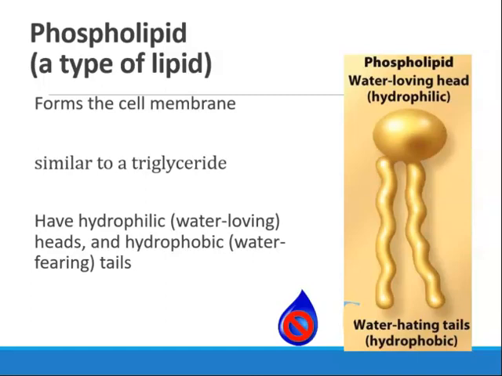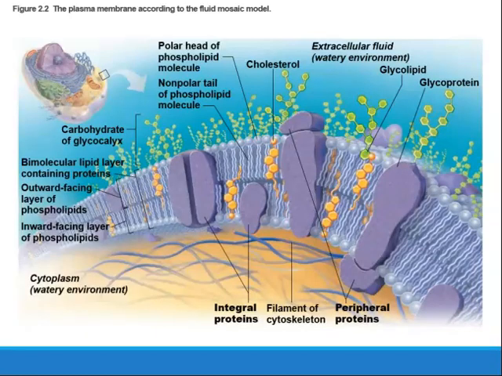And when we look at chapter 2, we'll look at the components, the phospholipids that make up the plasma membrane, and we can see it is made up of 2 layers of phospholipids, with the outer layer being the polar head or water-loving head of the phospholipid, and the nonpolar or hydrophobic tail of the phospholipid.